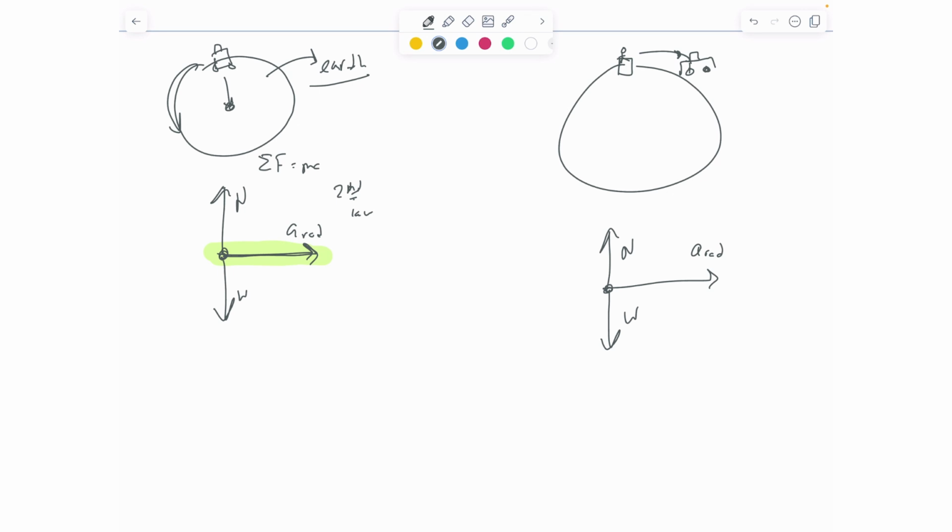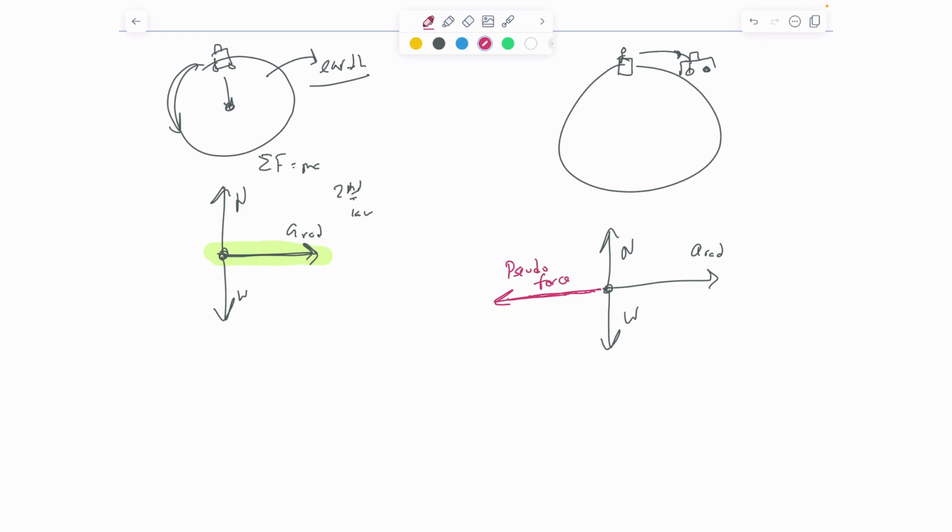So what you need to do is add a fake force. Okay, so we're going to put this over here. We'll just make it red. And this is called a fake or a pseudo force. Yes, a pseudo force.